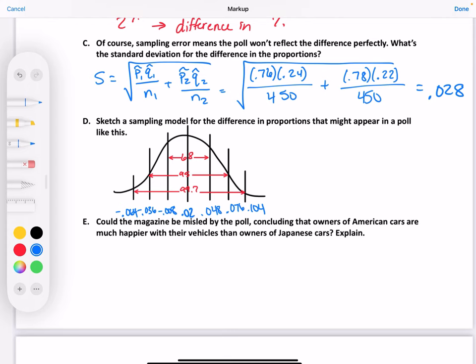So then, could the magazine be misled by the poll, concluding that owners of American cars are much happier with their vehicles than owners of Japanese cars?